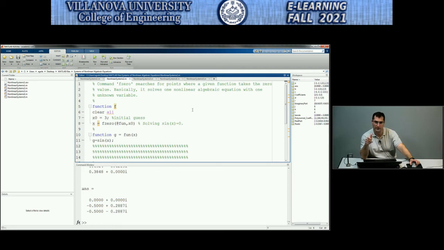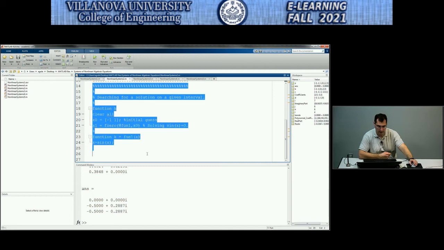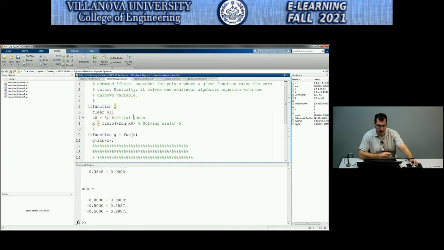So f of x is a scalar function of a scalar variable x. It just looks for the zeros of that function, and this is the syntax of this whole thing. Let me comment this one out first.